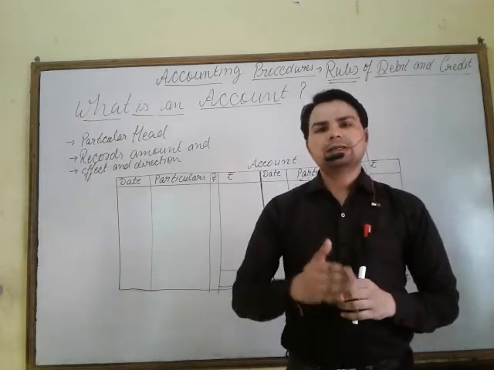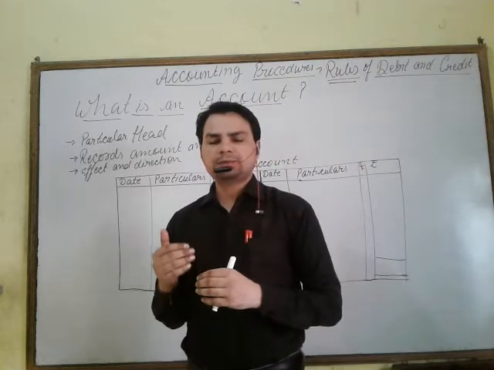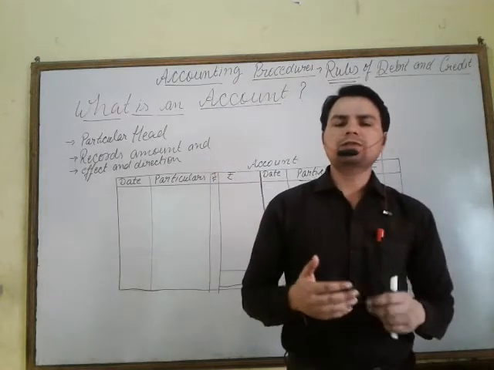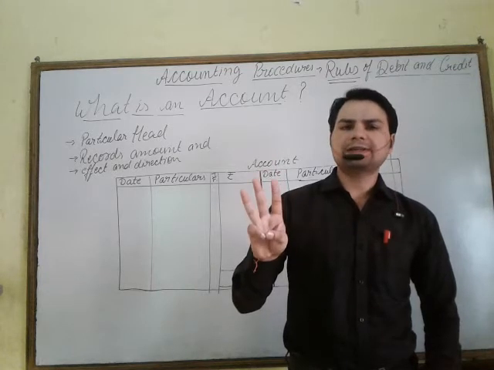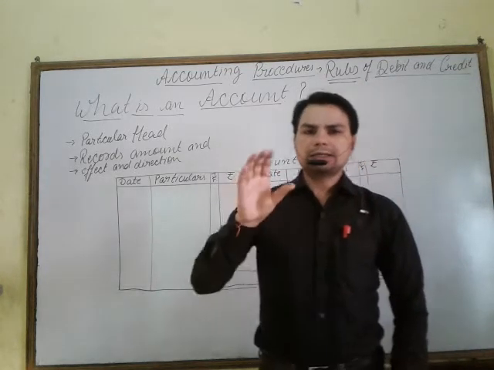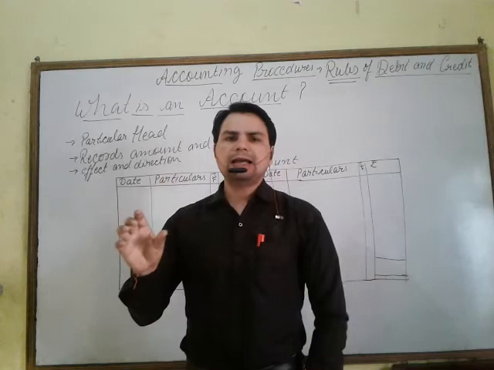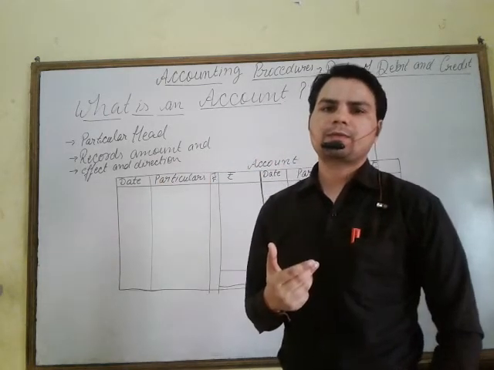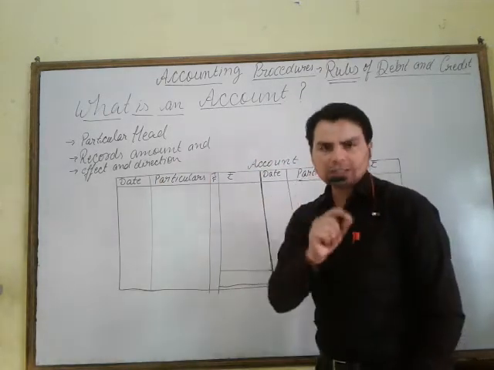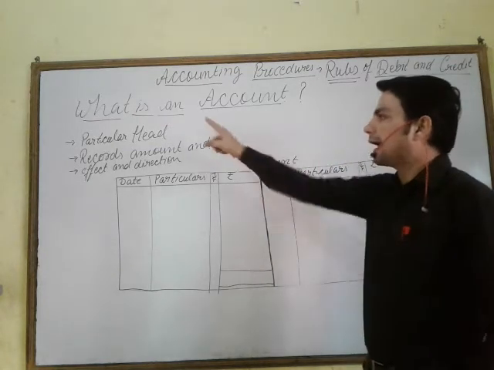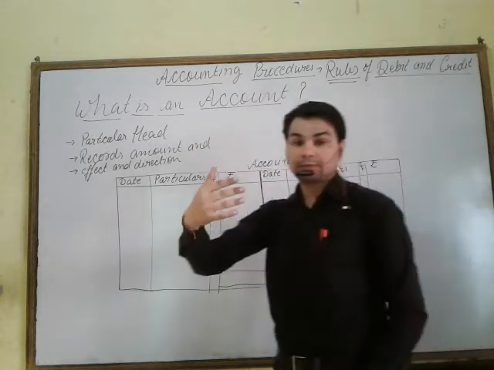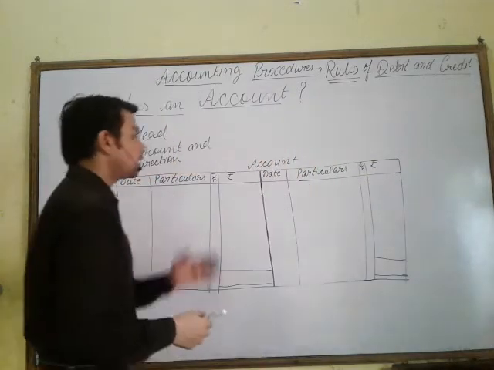If you see the examples related to furniture, that is chair, table, sofa set, etc., these are classified as furniture. That's why to all these related transactions we are going to give a particular head. Head means name. That is called account.